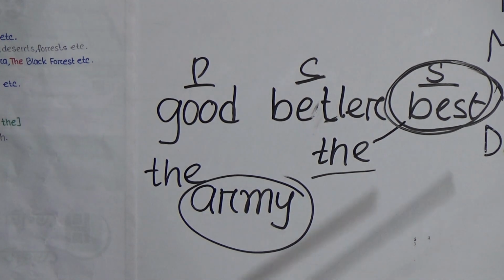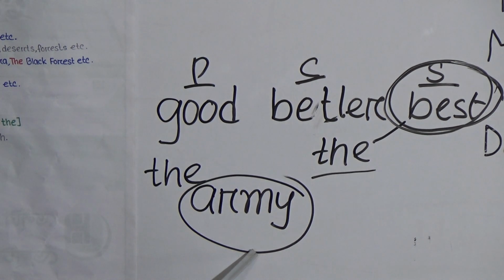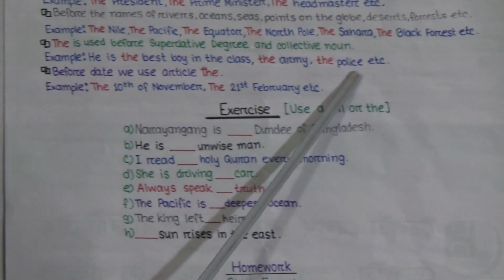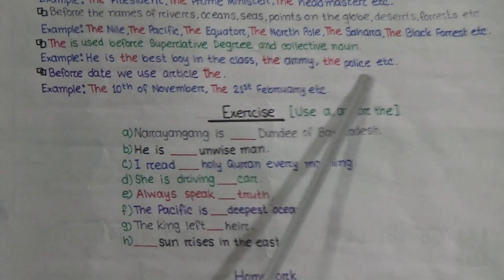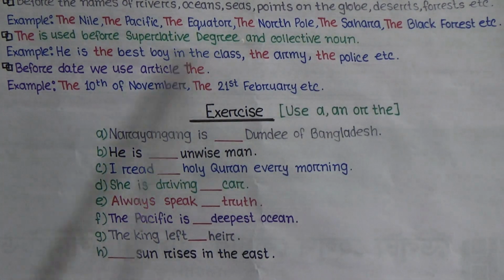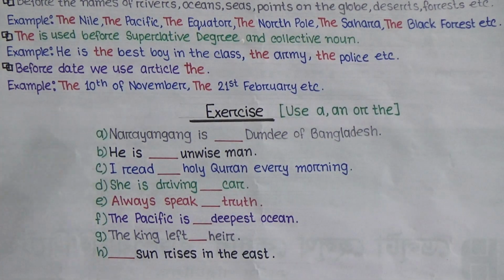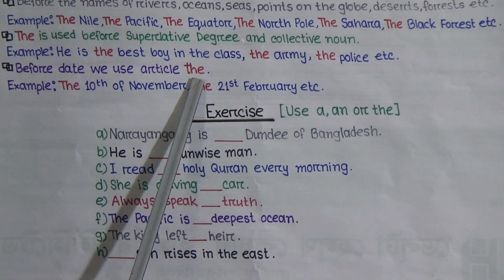So that's why we are saying if we find the superlative form of adjective or collective noun, we have to use the article the. And for example, we can say he is the best boy in the class, the army, the police, etc. So here best is superlative, army, police, they are collective noun, and that's why we use the before all these words. Last point, before date we use article the.